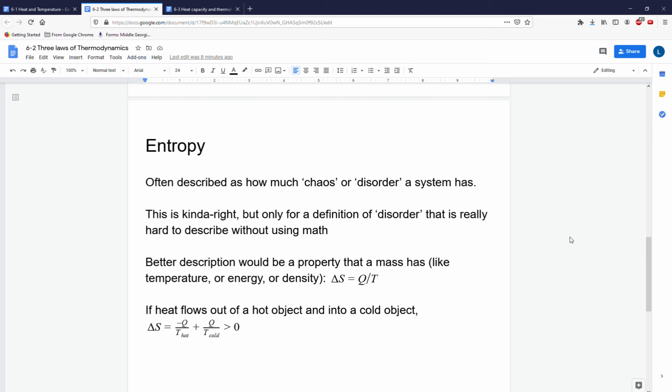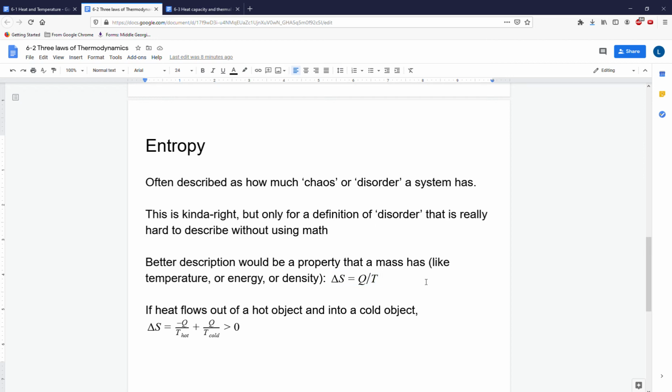We can describe the entropy of the system. We use the symbol S. And we say that that object can have its entropy changing by adding or removing heat from it. And so the formula for how entropy changes with heat is delta S, that is the change in entropy, is equal to the heat added to that object divided by the temperature of the object.